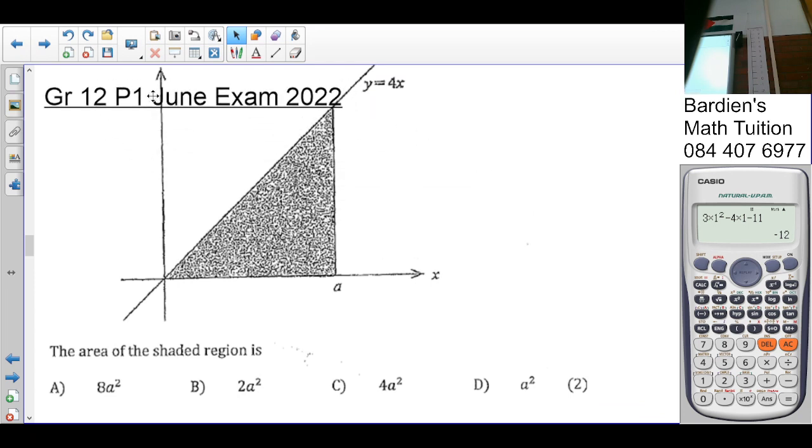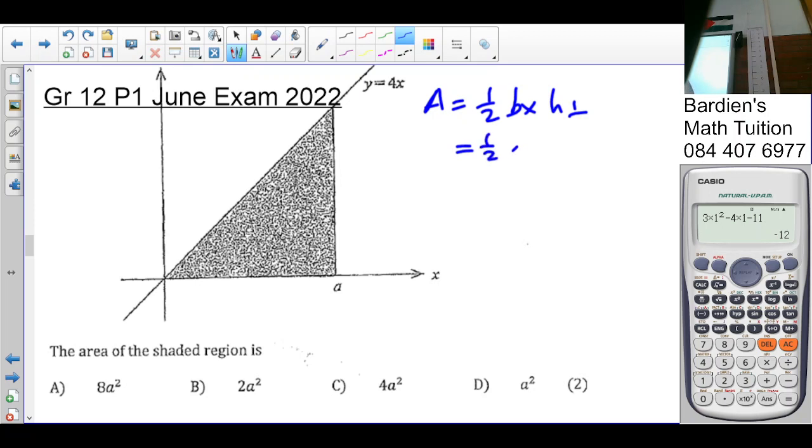So how do you calculate the area of a triangle? We know the area is equal to half base times perpendicular height. So it's half, my base here is from there to there, we know that's 0 there, so it's going to be a, times your perpendicular height, which is this length. We know that this point here has an x value of a. The y value is what I'm interested in.